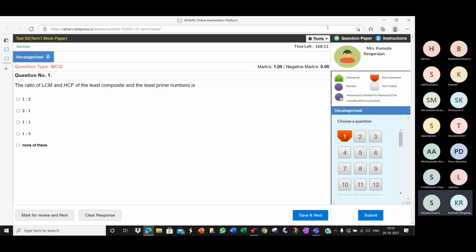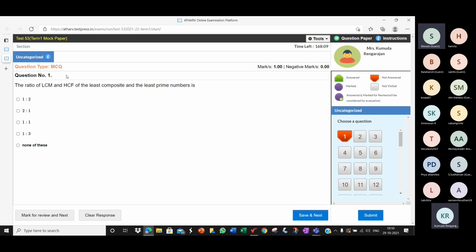What's the answer? What's the ratio? 2:1, ma'am. The least composite number is 4. The least prime number is 2. And the ratio of the LCM of 4 and 2 and the HCF of 4 and 2.